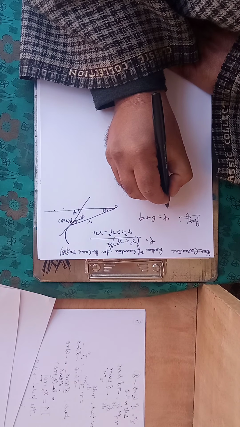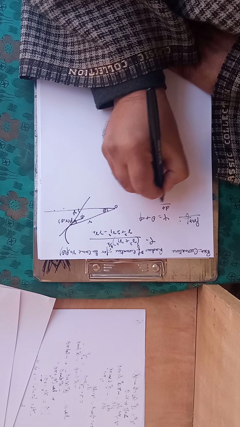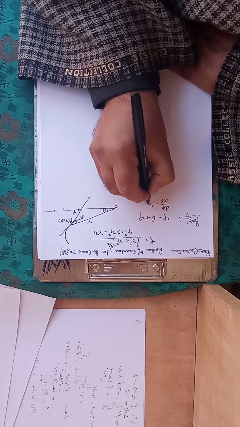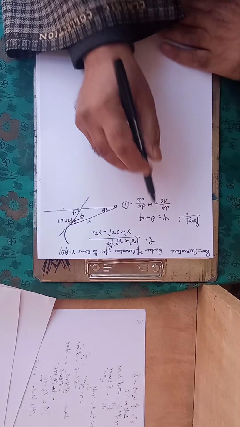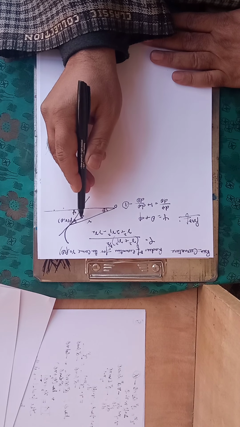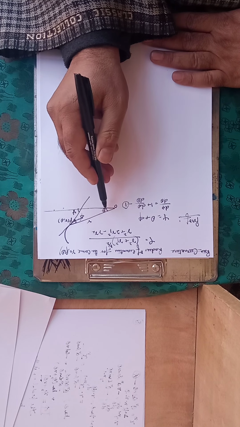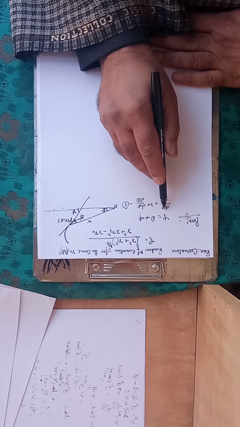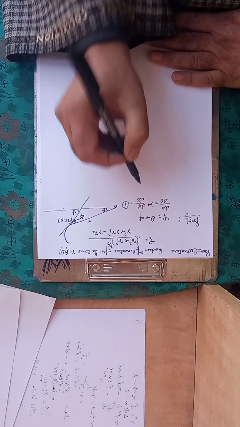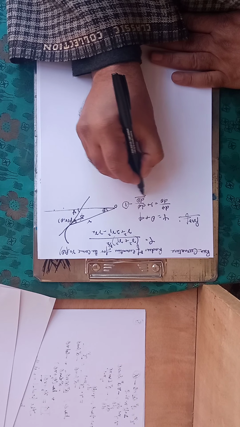So what will be d psi by d theta? It will be 1 plus d phi by d theta. This is 1. This is psi, the exterior angle, equal to the sum of the interior opposite angles, theta plus phi. So I have differentiated with respect to theta. D psi by d theta is 1 plus d phi by d theta. I need to find this d phi by d theta.